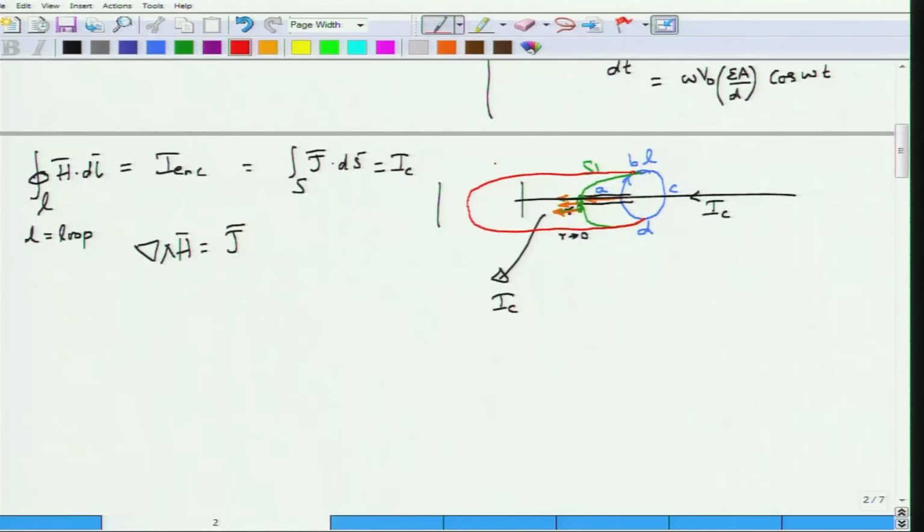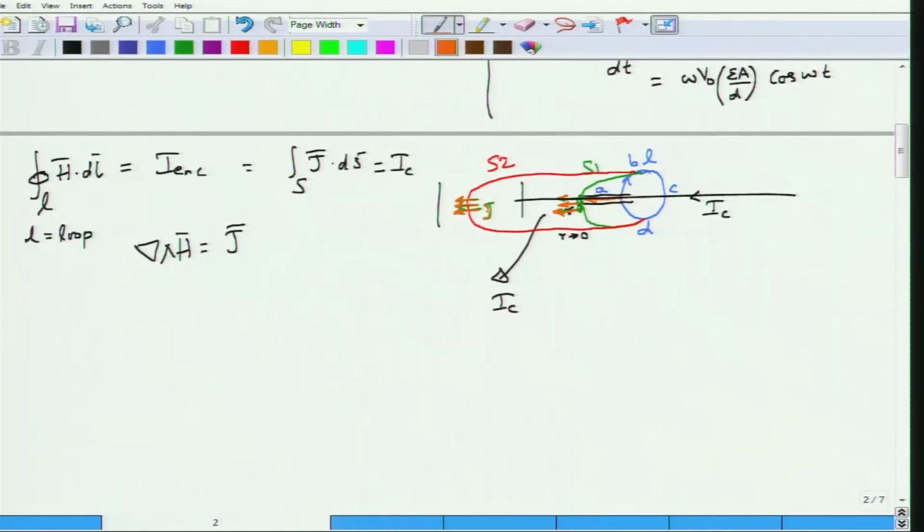This surface, let us call S2, and now I want to find the current density vector here. Assume that this current density vector is uniform and very concentrated, just at a point where the surface cuts through the current density vector J.